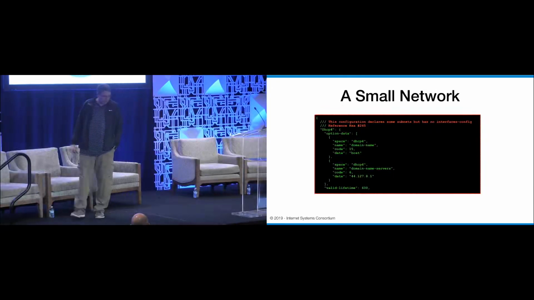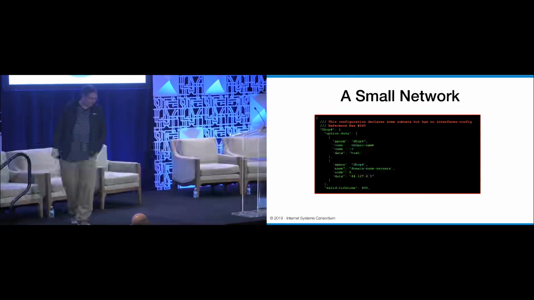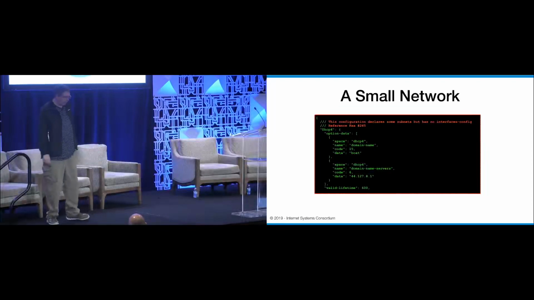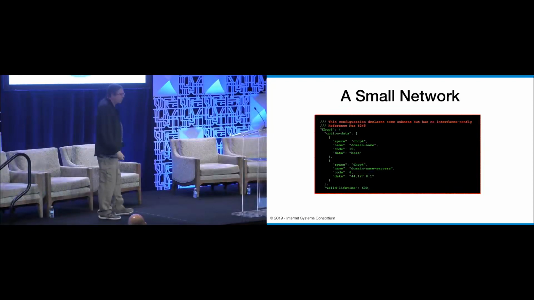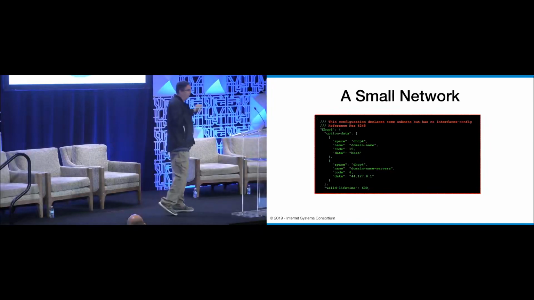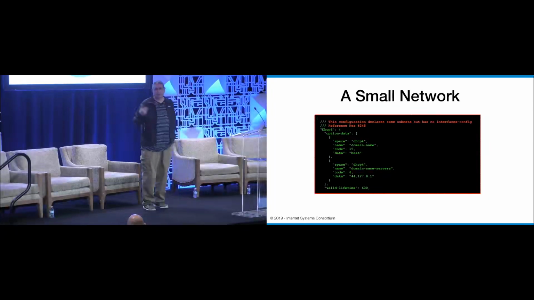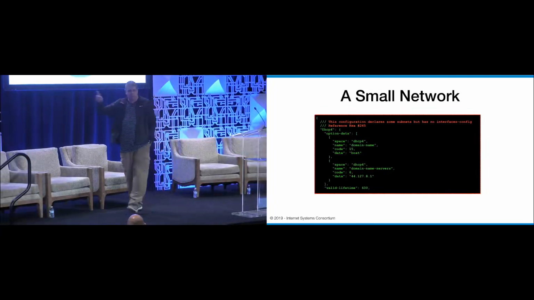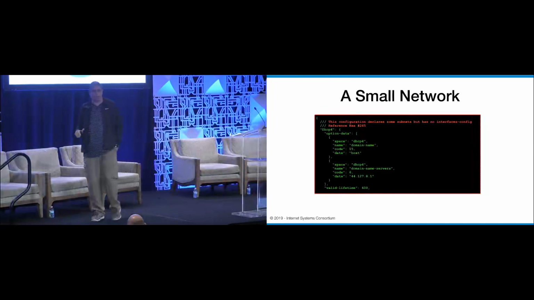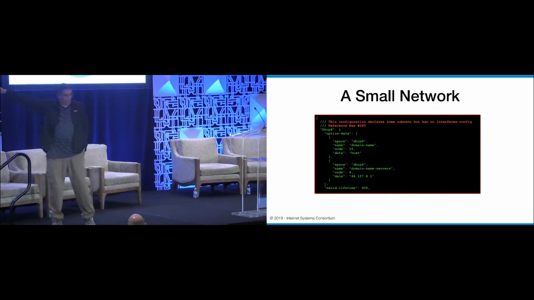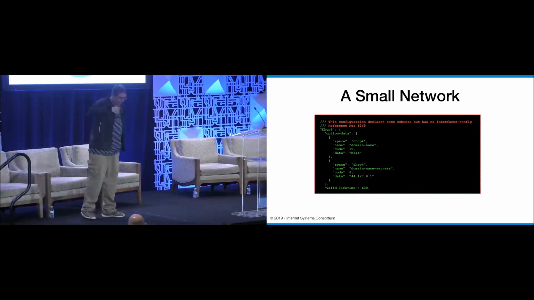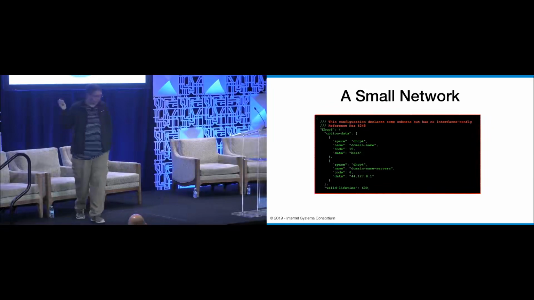This configuration declares some subnets but has no interfaces config. Reference Kea number 245. Well, Kea doesn't take options on the command line as to which interfaces to listen to. It's in the configuration file. That's not provided in the ISC DHCP configuration file, so there's a note, right at the top of the file, that says you're going to need to add interfaces configurations.